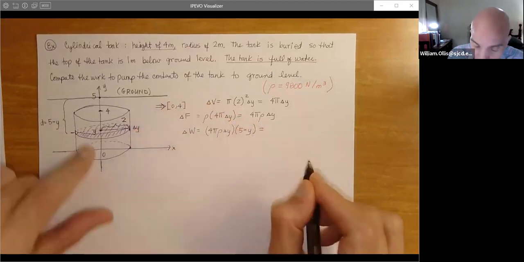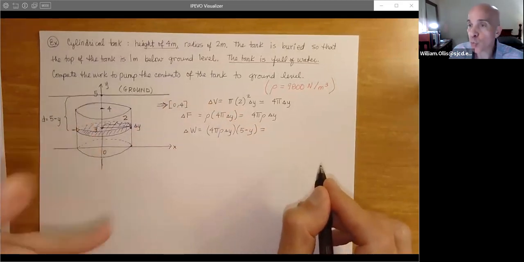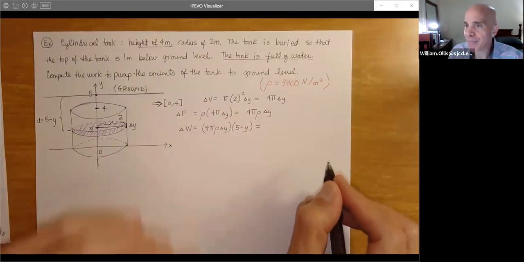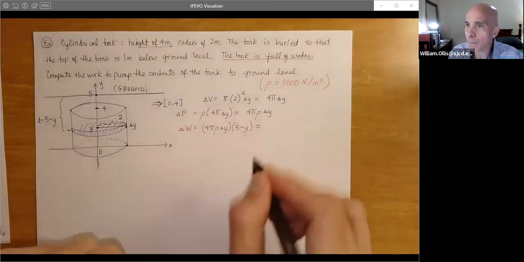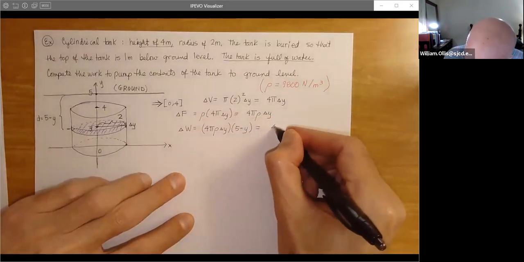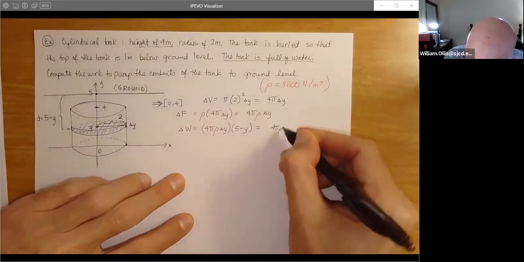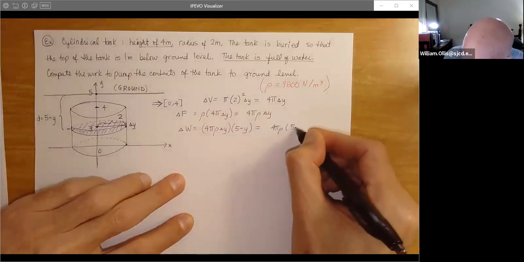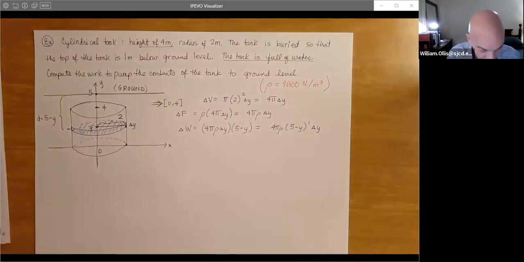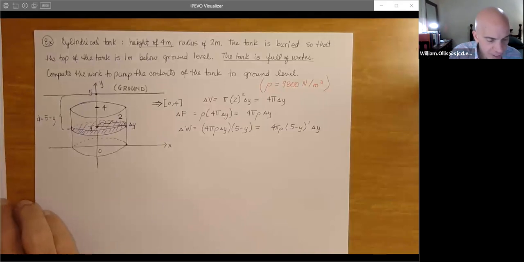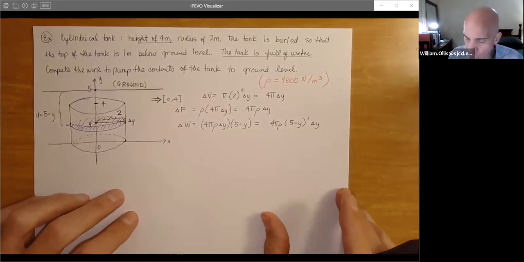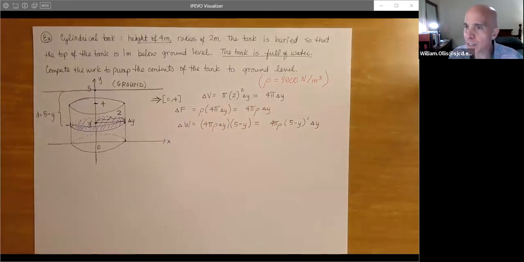This is when the actual drawing helps to organize your thoughts, and this way you're sure about what you're doing. So now we just get 4 pi rho times 5 minus y to the first power delta y. When you think about this particular problem, it reminds you of the rectangular tank with just a few modifications.